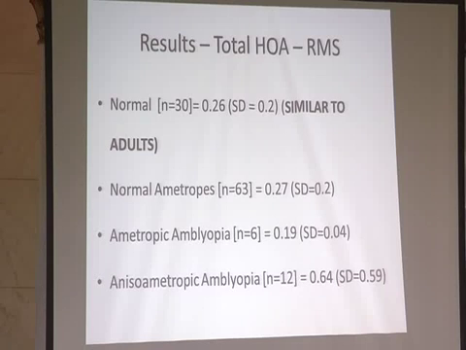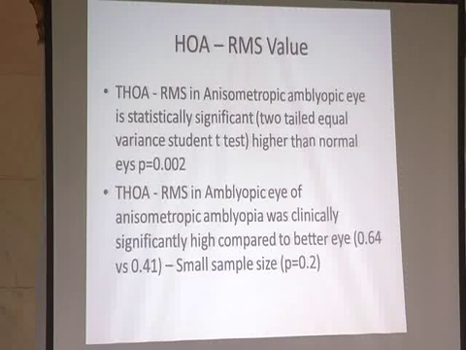However, all the previous studies used a different technology, while the evolved technology right now is eye trace technology. In normal emmetropes, we found it to be a similar amount, while in patients who had ametropic amblyopia and anisometropic amblyopia it was higher, though in ametropic amblyopia the mean came out to be almost the same. So we found total higher order aberration, in terms of root mean square values, in anisometropic amblyopic eyes to be statistically significantly high compared to normal.